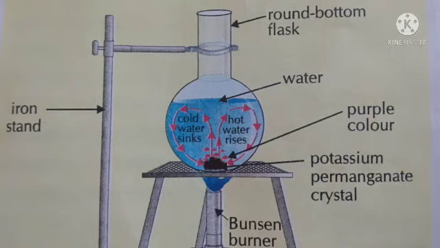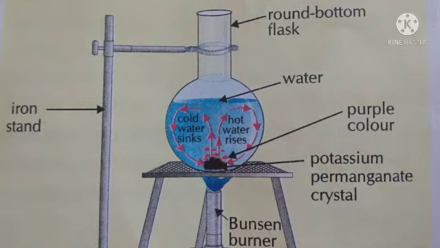We have to take this round flask, as you can see in the picture. In that flask we have to add 3/4 of water. You can see the water also. Then we have to add a small piece of potassium permanganate. We need to add it gently with the help of a spatula.